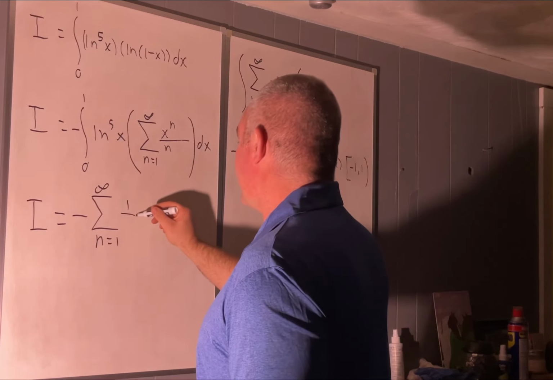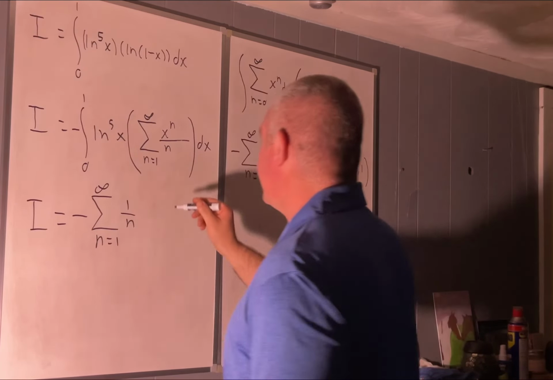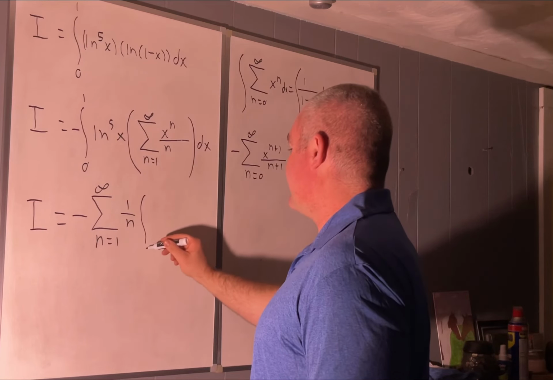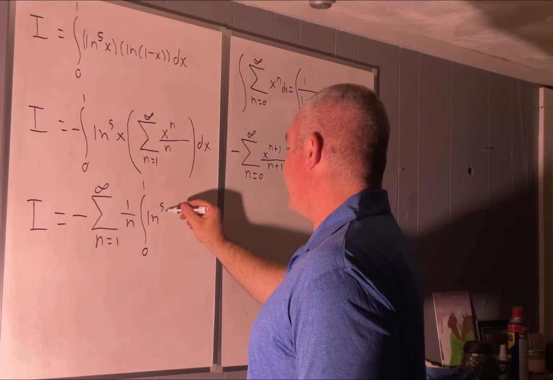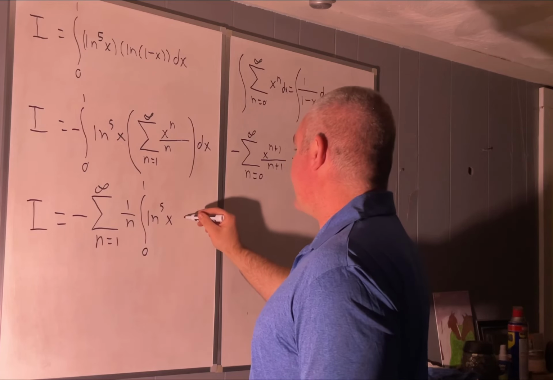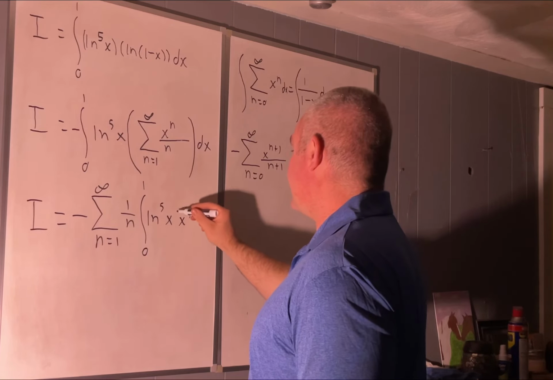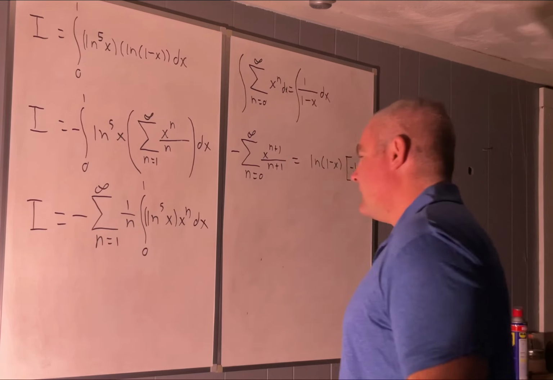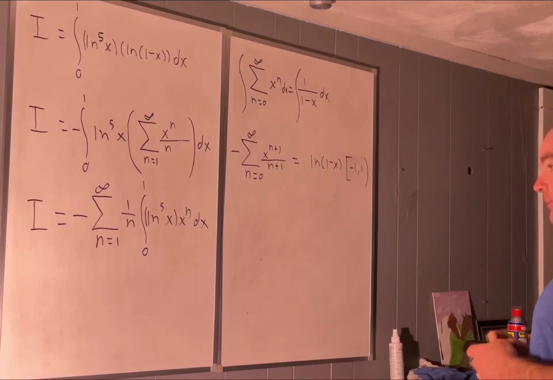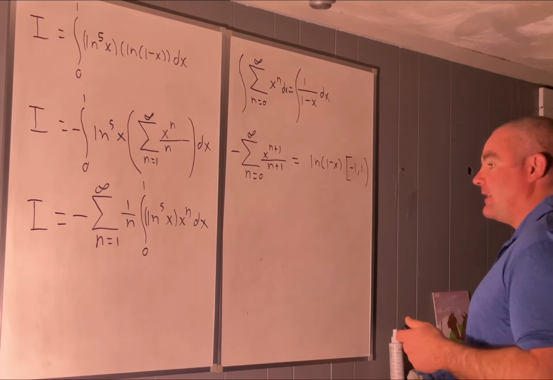We'll leave the 1 over n outside, and now we'll take the integral from 0 to 1 of natural log to the 5th of x times x to the n dx. And now is the part where Feynman integration becomes very helpful.